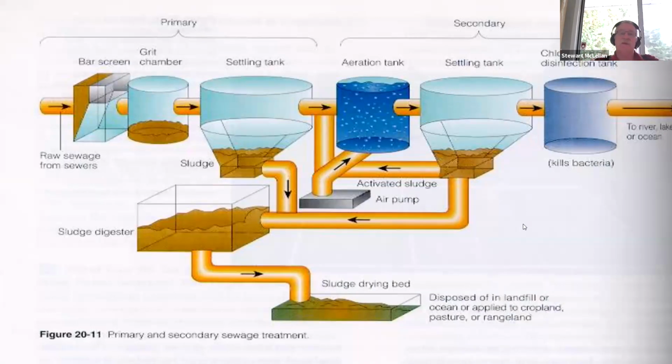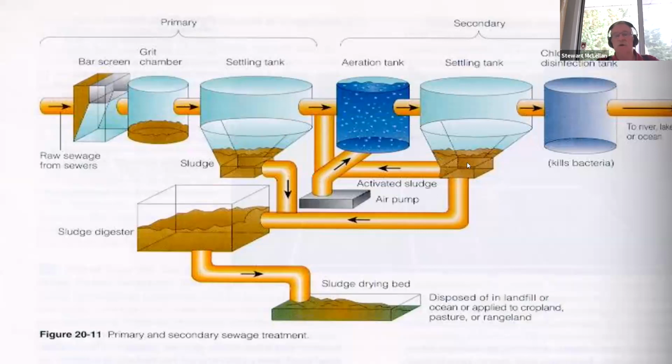But if you look at the secondary, you have essentially an aeration tank in this example, and an air pump provides air to that aeration tank, and the passage of these fine bubbles moving through the water column will begin the process of removing materials from the water.